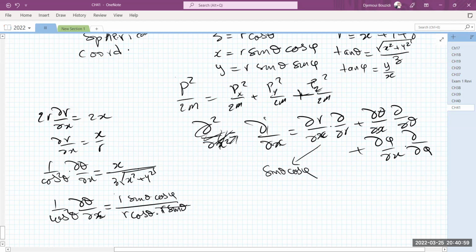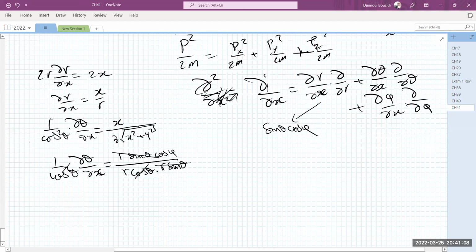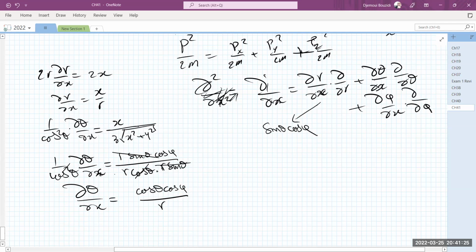Obviously, the r sine theta and the r sine theta cancel. And one of this cosine theta and cosine squared theta cancel. So at the end of the day, d theta, namely the second term in this expression, d theta with respect to x is going to be simply equal to cos theta cos phi over r. Everything else is gone.